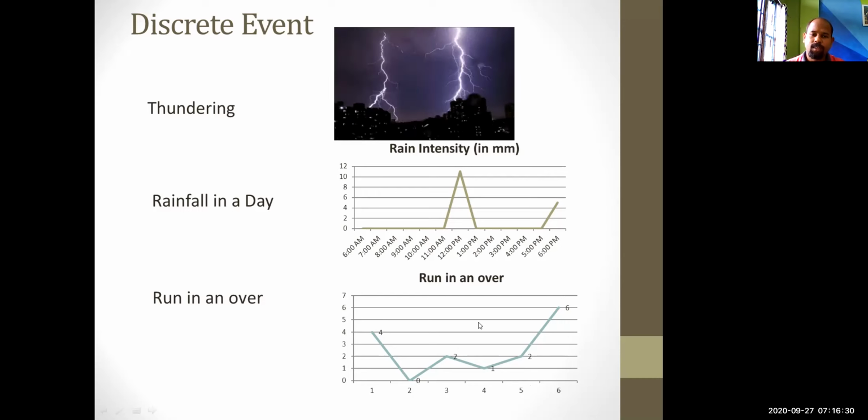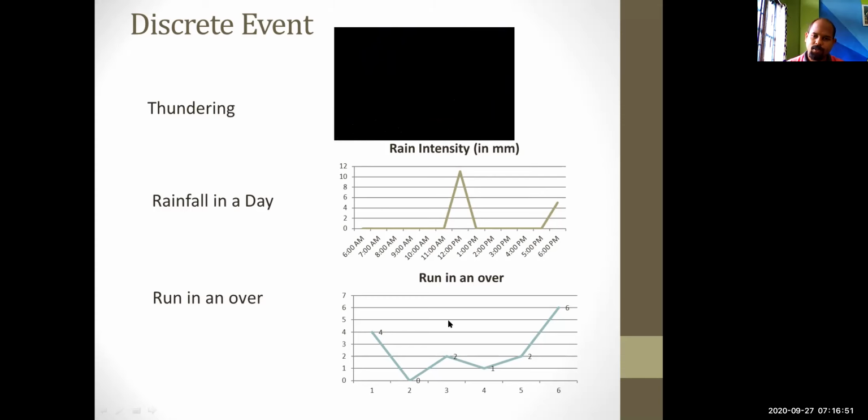So that is also not continuous. There is a break, because when there is 0, that means the line is broken. So runs in an over are not continuous. And that is very rare also.